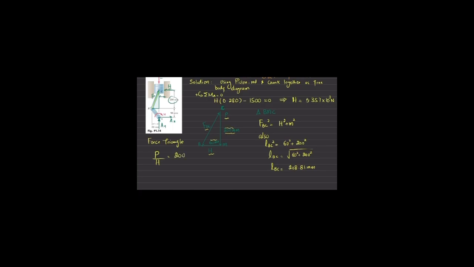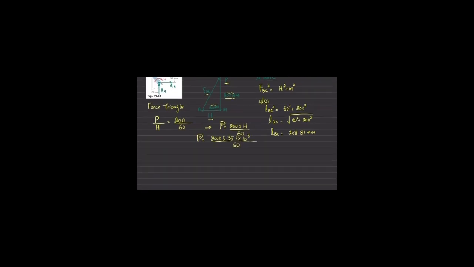So from here you have H which is 5.37. So you will get P will be equal to 200 into H divided by 60. So you can just put the value of H. So 200 multiplied by 5.357 into 10 raised to power 3 divided by 60. And you will get the value of P for equilibrium comes out to be 17.86 kilo Newton. So this is the load.